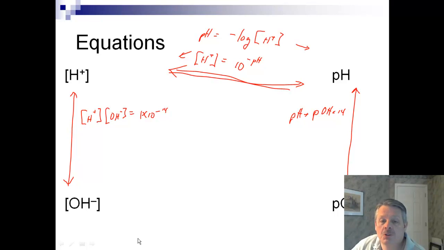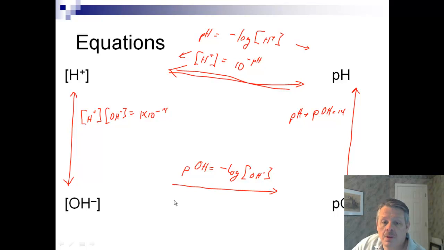Right? Similarly, if I want to go down here, if I'm trying to get to pOH, my pOH is going to be equal to the negative log of my OH concentration. And the concentration of my OH negative ion is going to be 10 raised to the negative pOH.